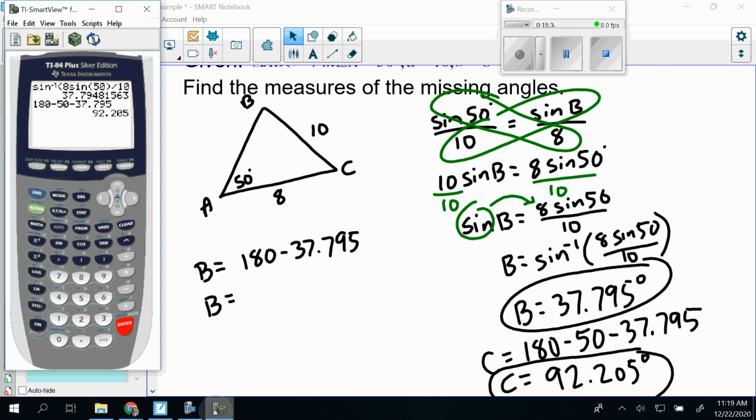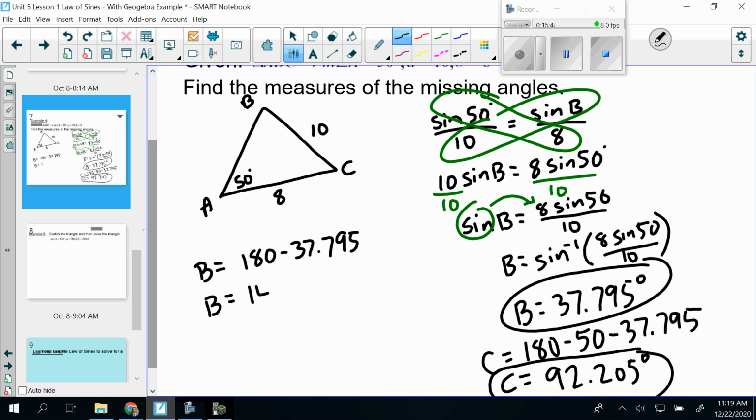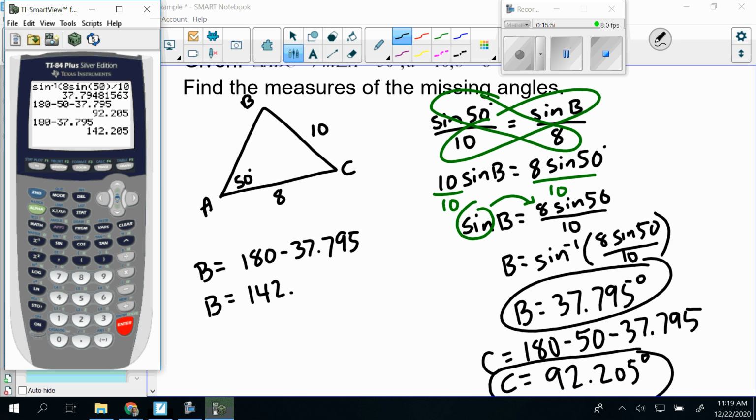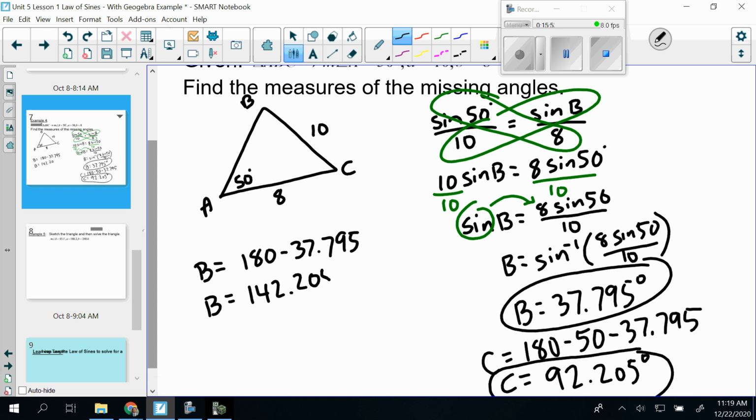So if we did 180 minus 37.795, we get this. So another possible option might be 142.205. Could that also be angle B as well?